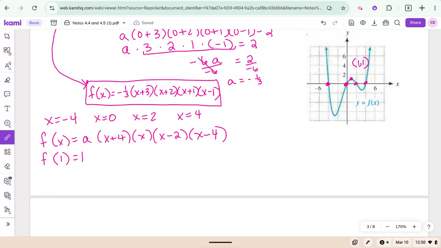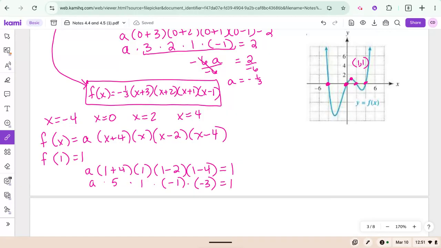So a times 1 plus 4 times 1 times 1 minus 2 times 1 minus 4 should equal 1. So 1 plus 4 is 5, 1 is 1, 1 minus 2 is negative 1, and 1 minus 4 is negative 3. Let's simplify by multiplying all of these numbers together. I think that's going to be positive 15.